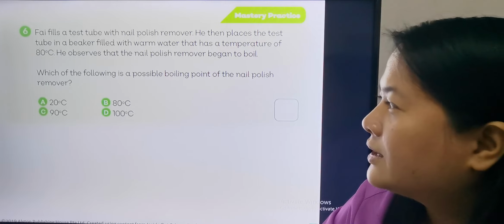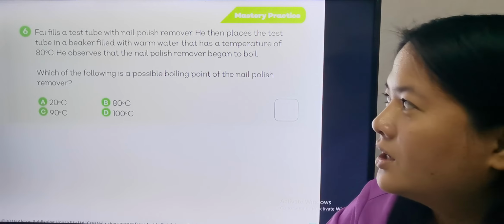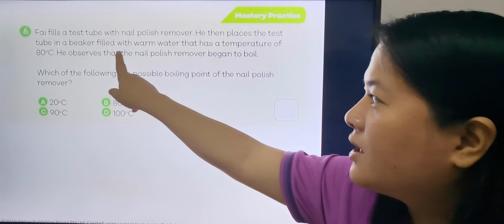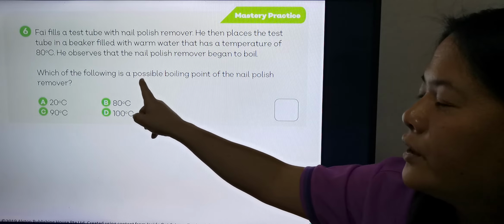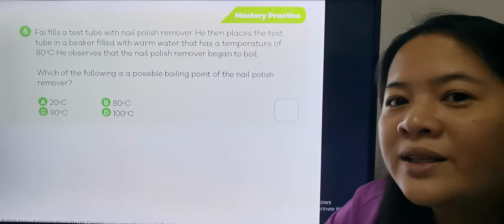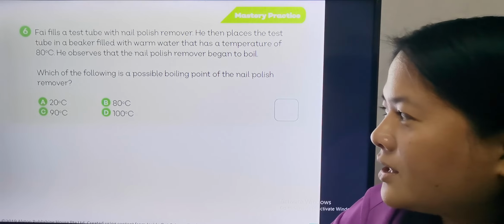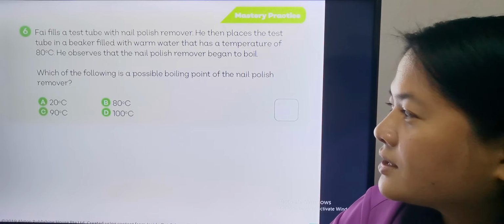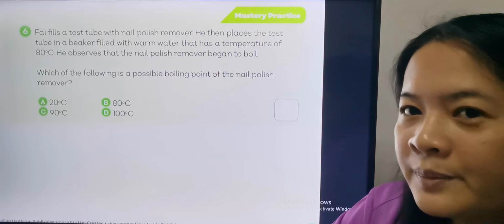He observes that the nail polish remover began to boil. Okay, so at 80 degrees Celsius, the nail polish remover began to boil. Okay, which of the following is a possible boiling point of the nail polish? So what is the boiling point of nail polish? Okay, is it 20 degrees? Is it 80 degrees? Is it 90 degrees Celsius or 100 degrees Celsius?